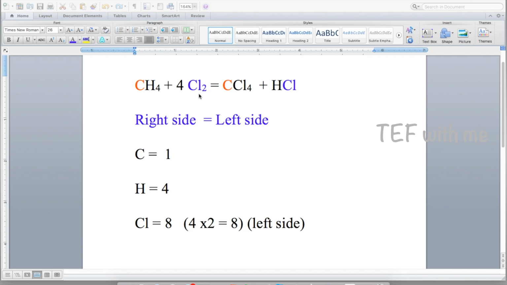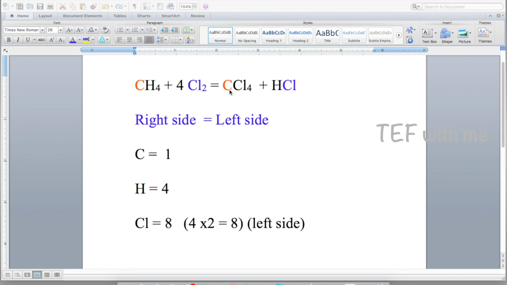Next we have to see how many chlorine atoms are present. On the left side it is 4 into 2... sorry, 1 into 2, so total chlorine atoms on the left side are 2, and on the right side there are 4 chlorine atoms here and only 1 chlorine atom here, so in total 5 chlorine atoms. So we have to balance the chlorine atoms as well as the hydrogen atoms.